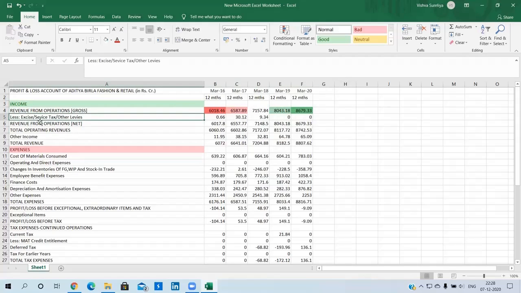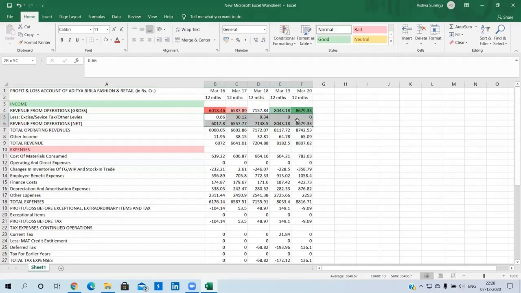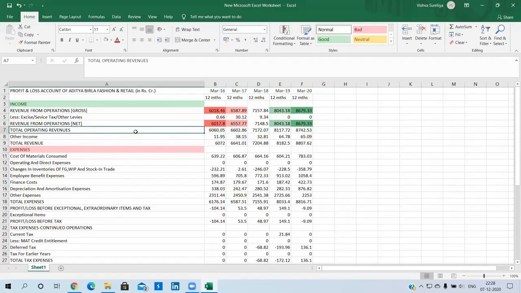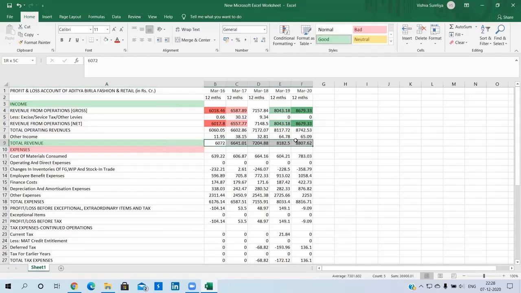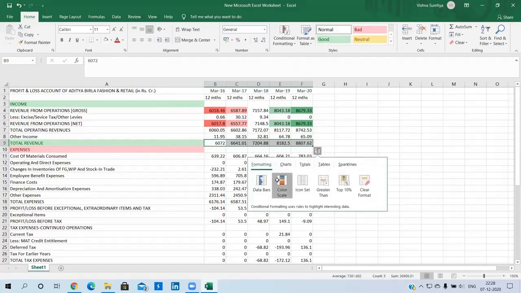Subtracting excise, service tax and other things gives you revenue from operations, net revenue, which is also increasing year by year. Then total operating revenue, that is income from operations plus other income, gives you total revenue. Let's check out the total revenue.